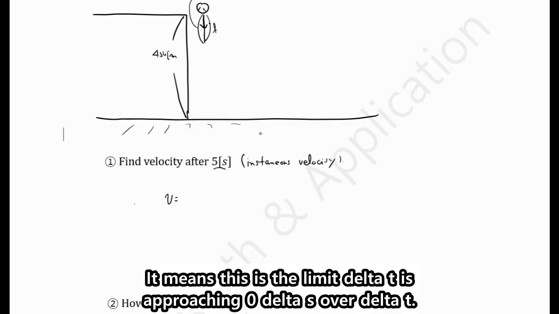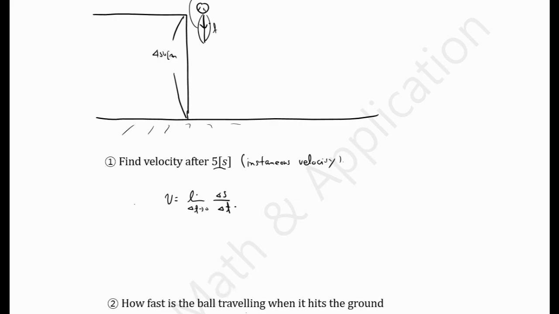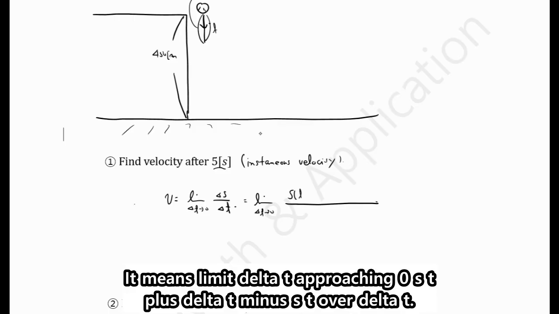It means this is the limit as delta t approaches 0 of delta s over delta t. It means the limit as delta t approaches 0 of s(t plus delta t) minus s(t), over delta t.